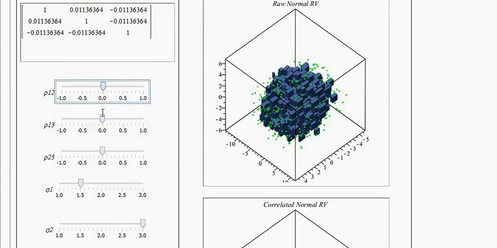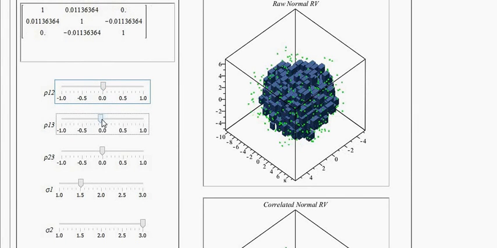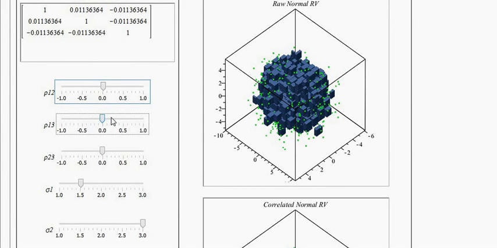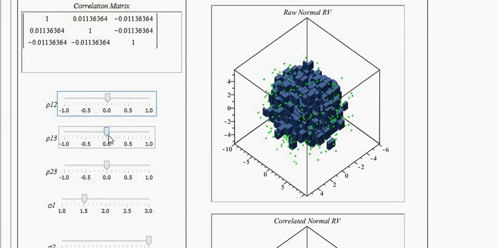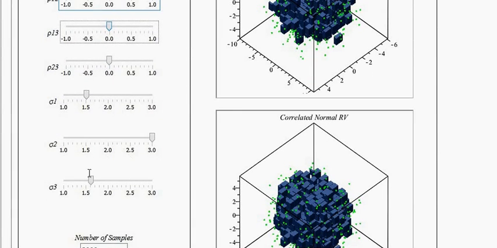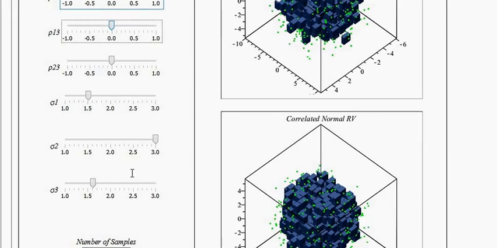I am not very good at putting the sliders exactly in position, but you get the idea. So all these cross correlations are pretty close to 0, and in the sliders below, I have the variances for each one of the three random variables.